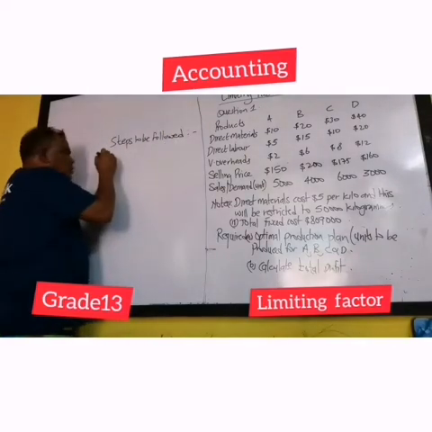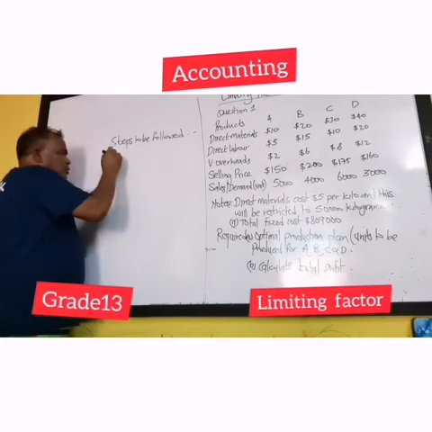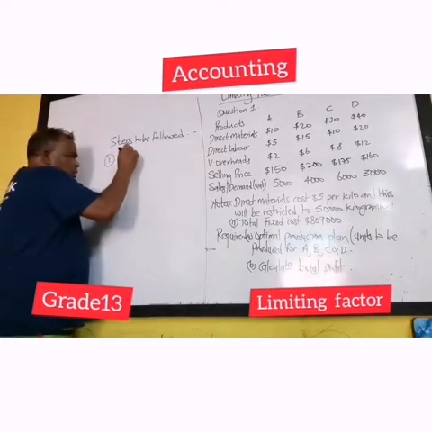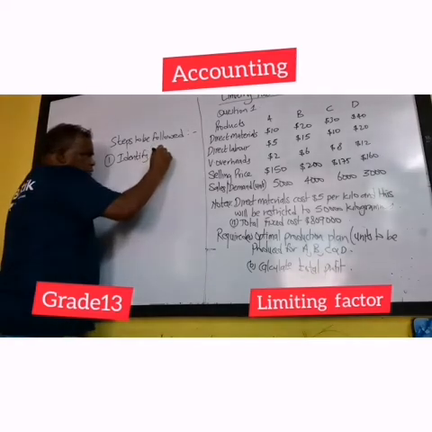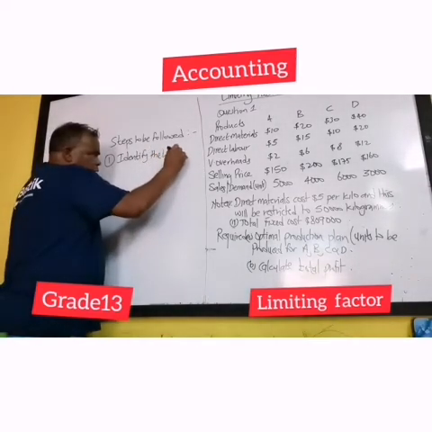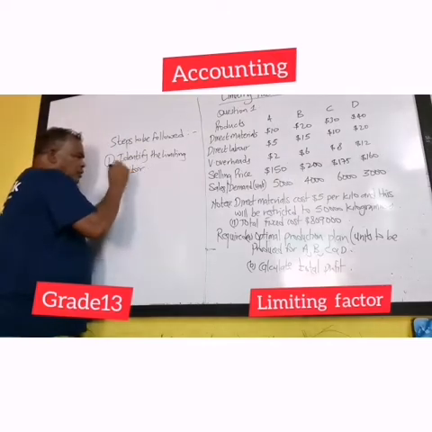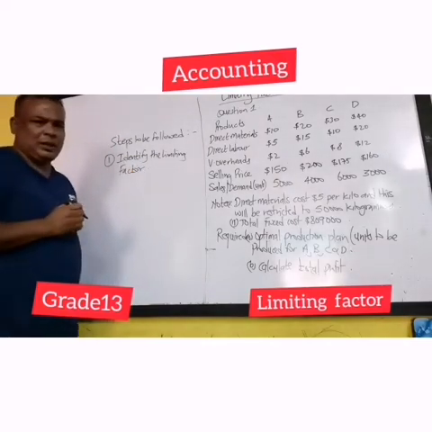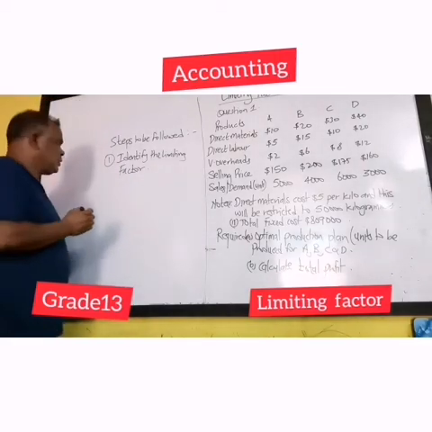First one, we have to identify the limiting factor. We have to identify or ascertain the limiting factor, whether it is labor hours, machine hours, materials in terms of kilograms, and so on.